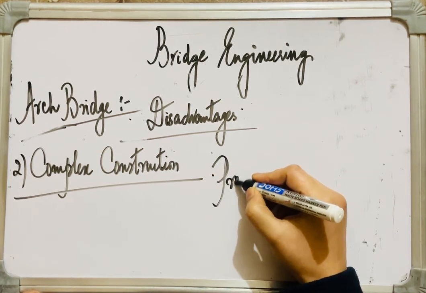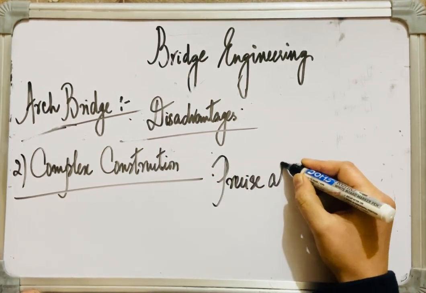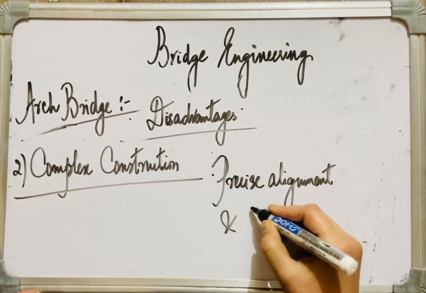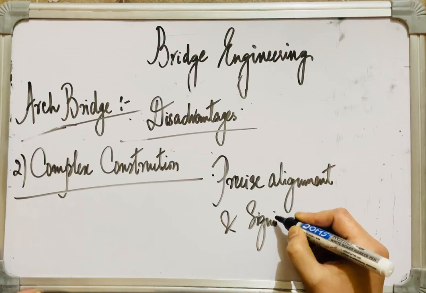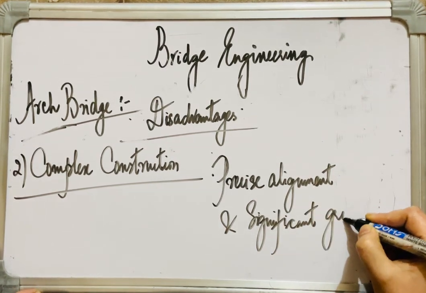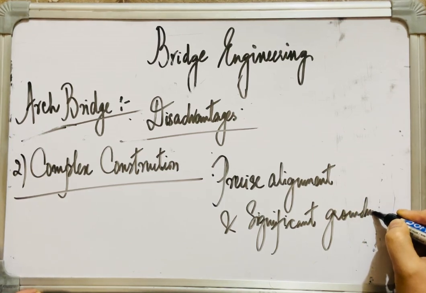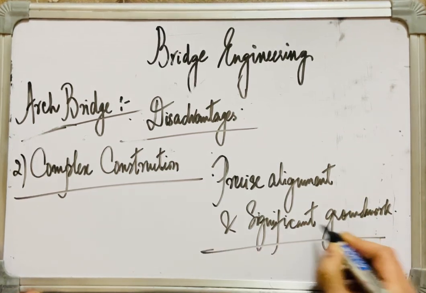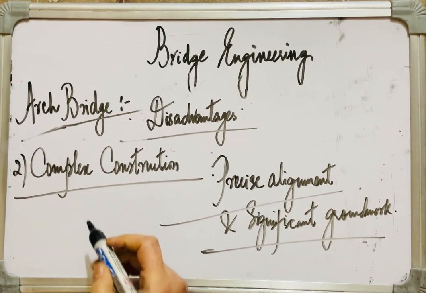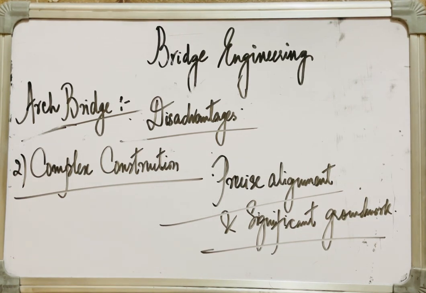We require precise alignment and significant groundwork. That means building an arch bridge can be technically challenging, and hence their construction is quite complex.